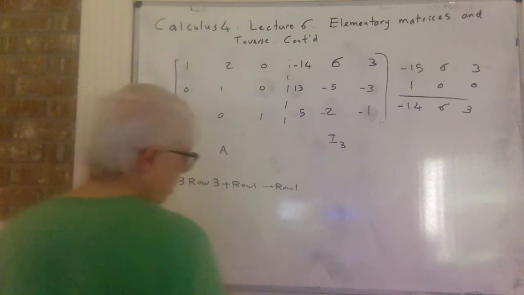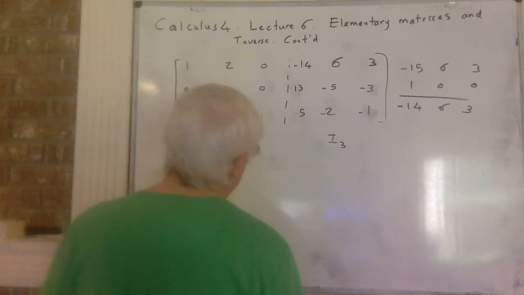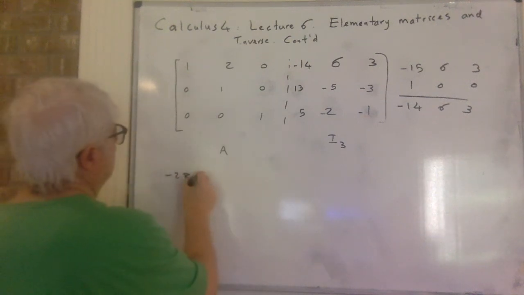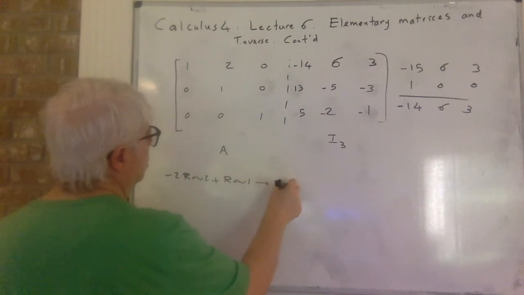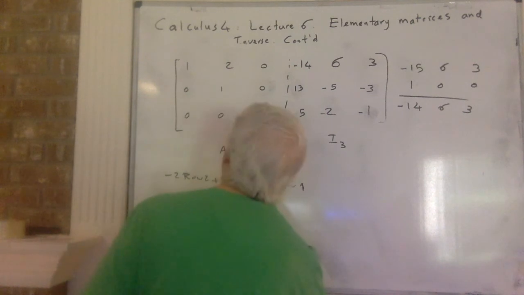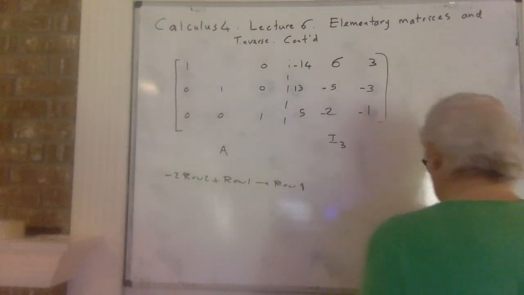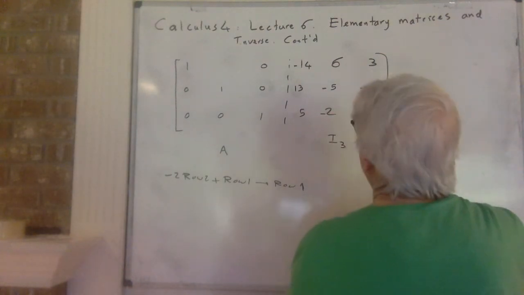Okay, then at last I should get rid of this 2, so it is minus 2 times row 2 plus row 1 goes to row 1. So I know that this becomes 0. This one is important to do correctly. Minus 2 times this is a minus 26.